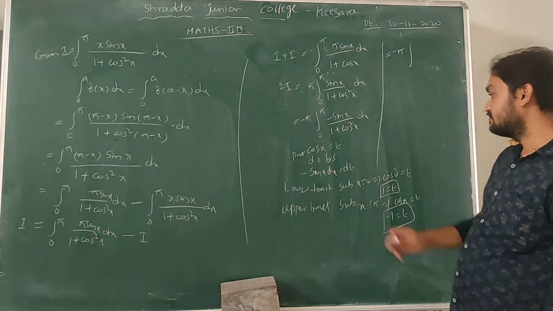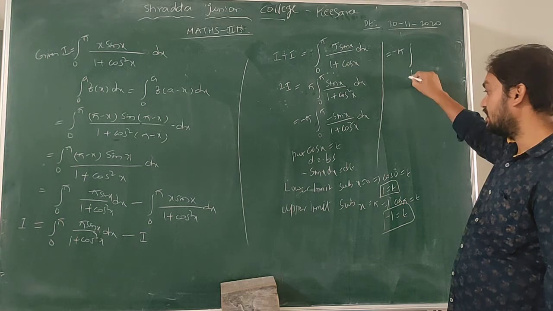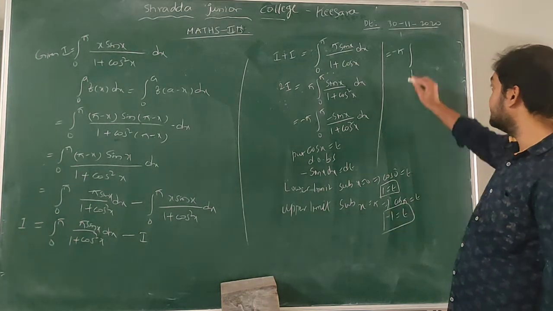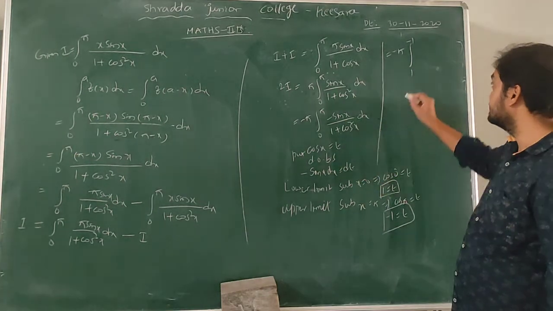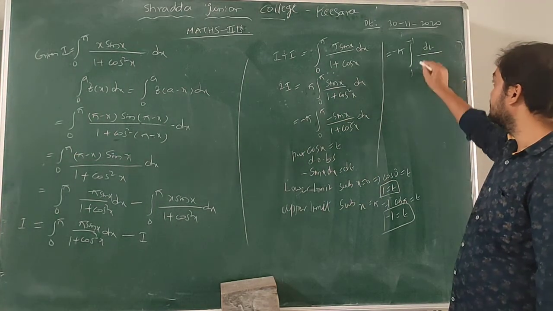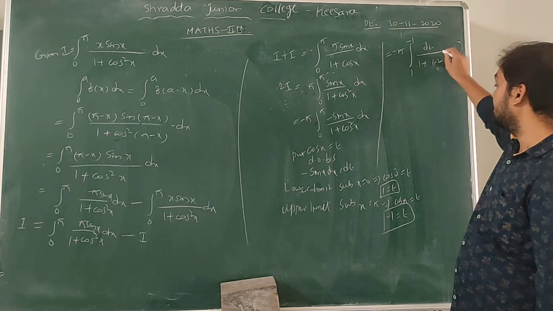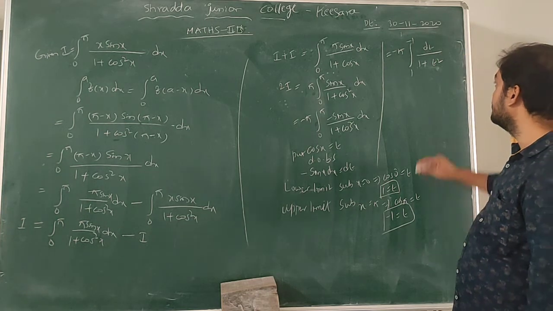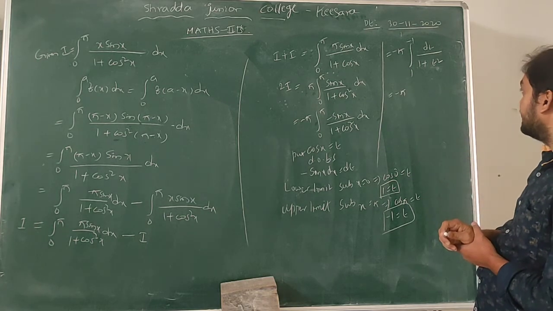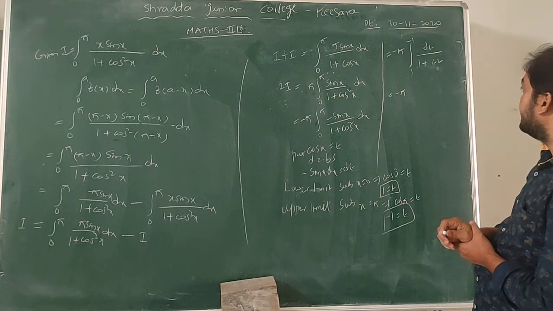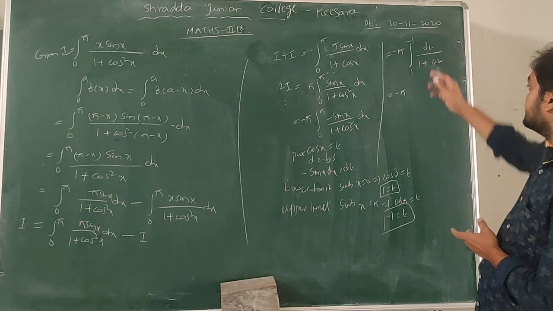Now substitute the limits under t in the given problem, that is minus pi integration. Now see here, what is the lower limit? That is 1. And what is the upper limit? That is minus 1. Now see, minus sin x dx is nothing but what? That is dt, by 1 plus t square. So this is equal to minus pi. Now see here, integration of 1 by 1 plus x square dx is nothing but what?